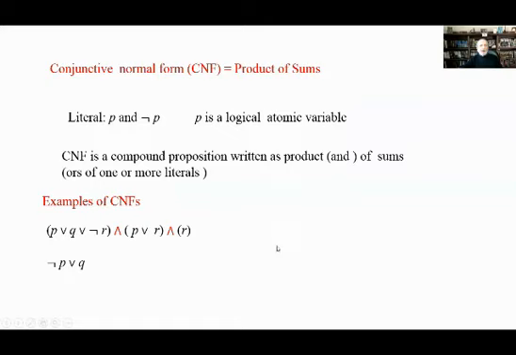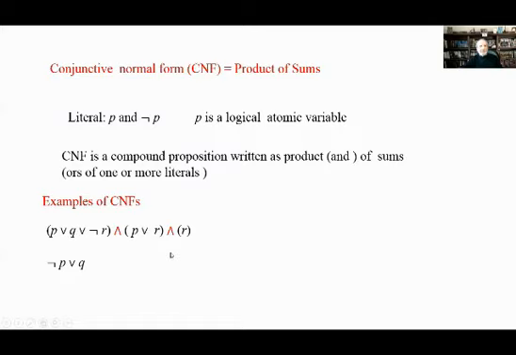Now the other form is called conjunctive normal form. Conjunctive normal form, CNF, is a product of sums. The same situation here. It's a compound proposition written as a product, and, of sums, ors, of one or more variables.